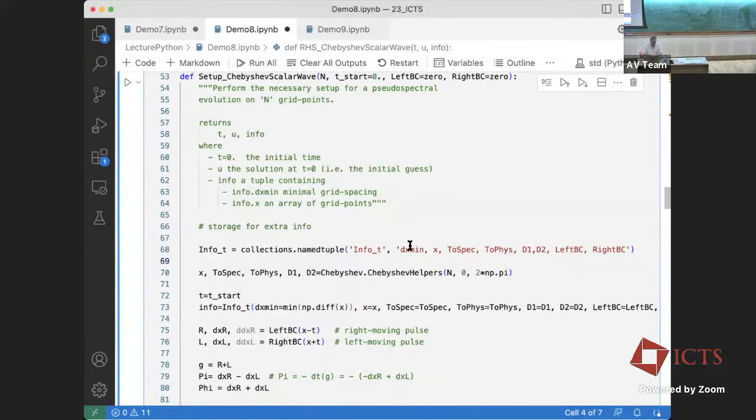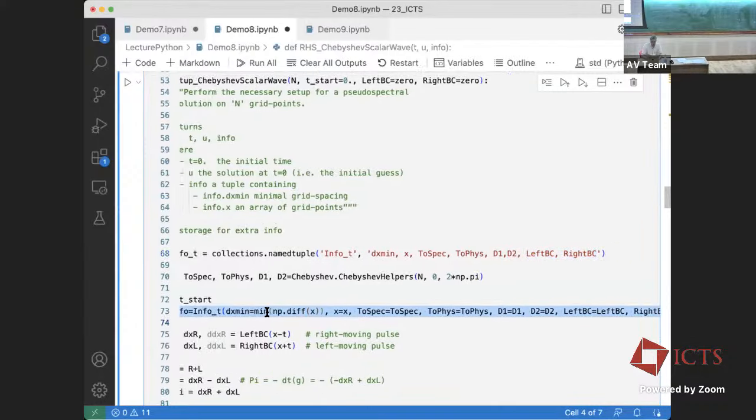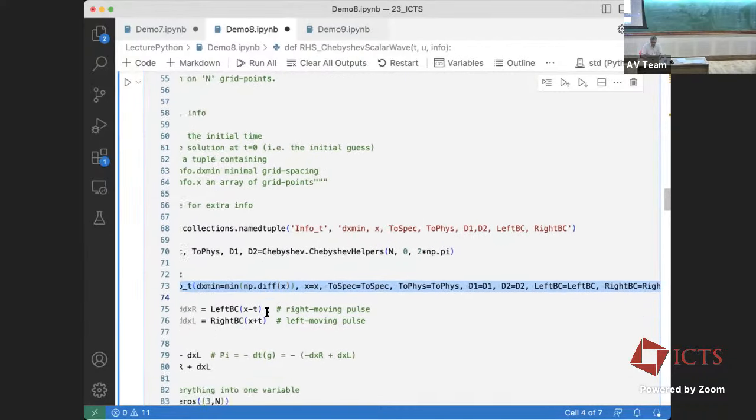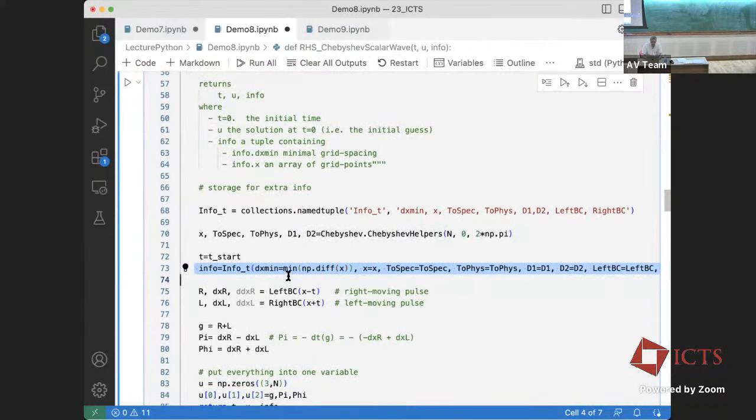This info thing now is going to keep the same dx min and x, the grid information as before, but I'm also storing all the Chebyshev matrices inside of it. And I'm also throwing in the left and the right boundary conditions. So when I make this info object over here, it will remember everything it's going to need for the actual evolution equations.